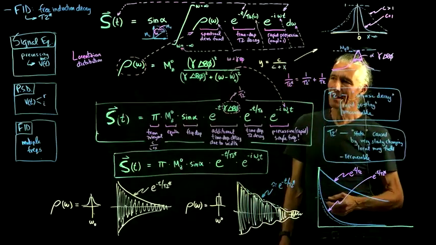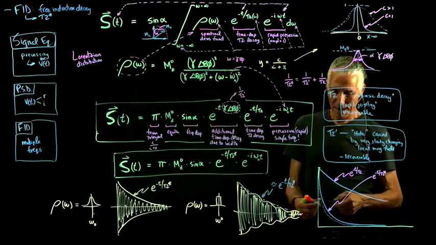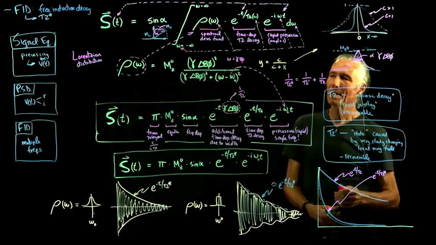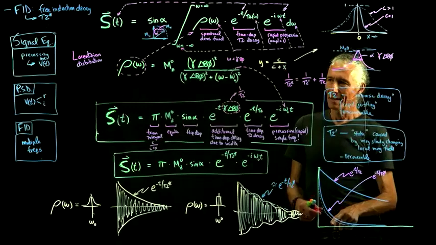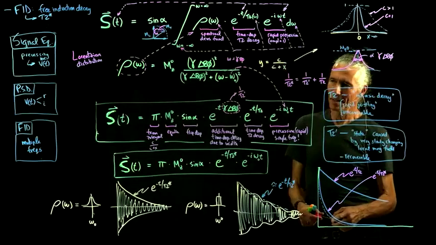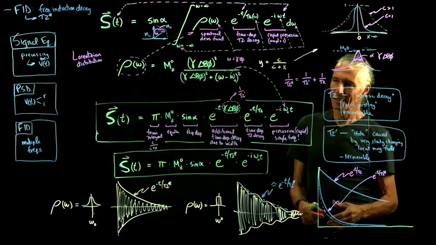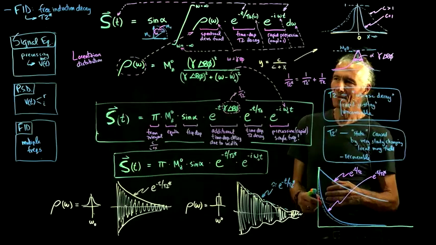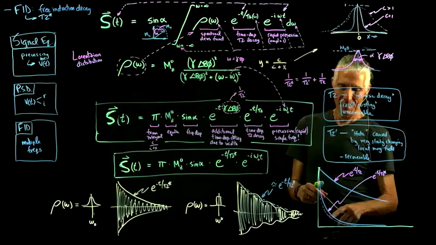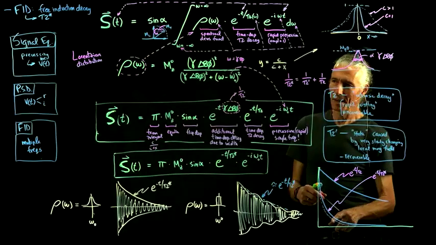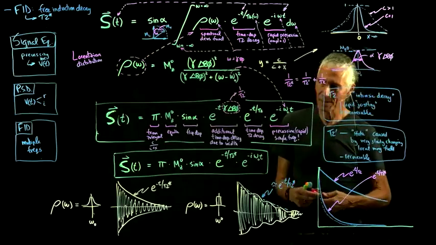That would be, for instance, something like deoxyhemoglobin, which disturbs the magnetic field. And so deoxyhemoglobin is going to slightly kill your signal.